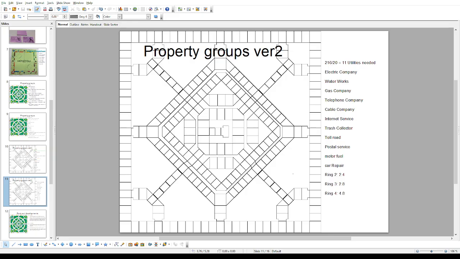Which, realistically, getting all 8 utilities, extremely unlikely. And also, utilities are trivial expenses in regular Monopoly, in the late game anyways. It was like 10 times 12.